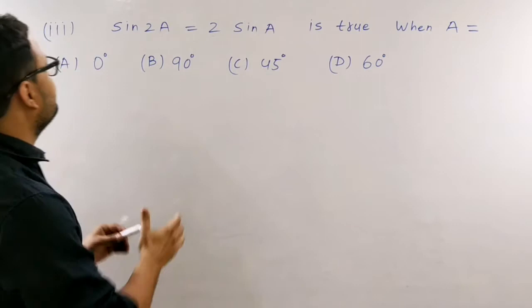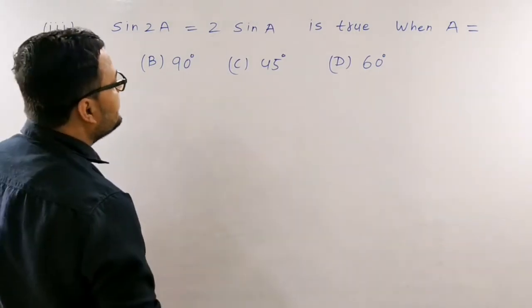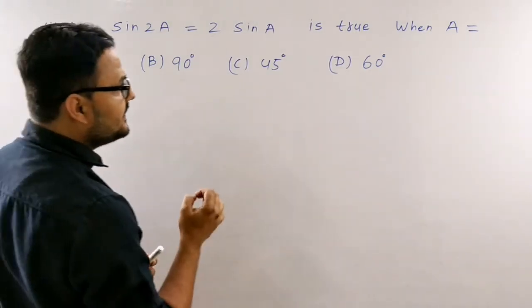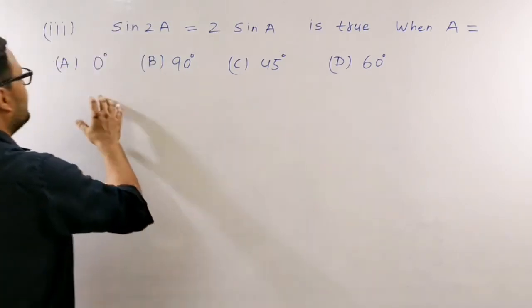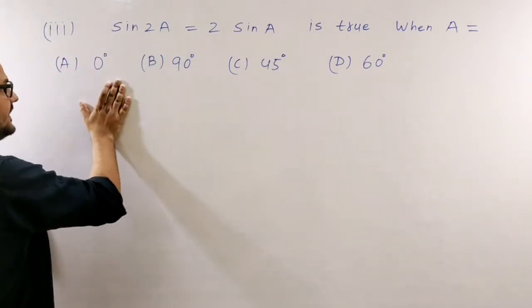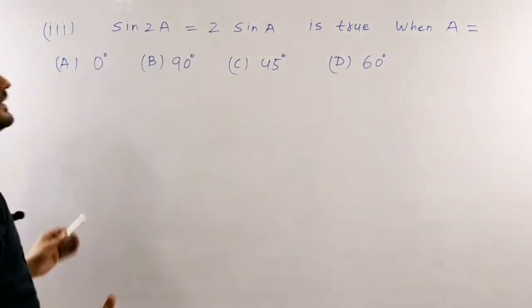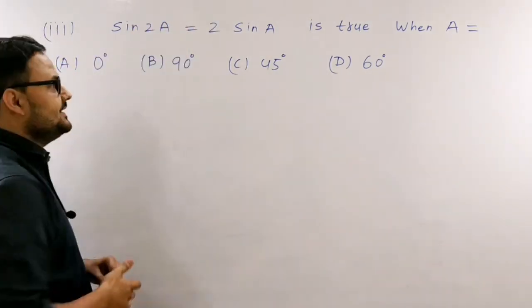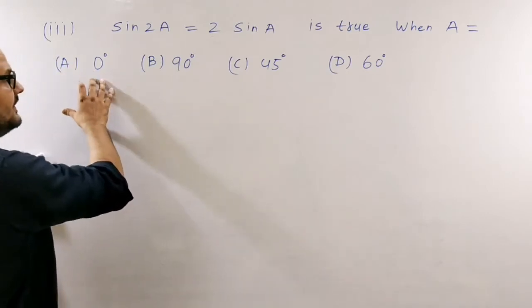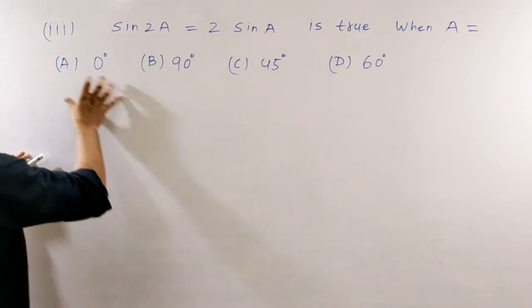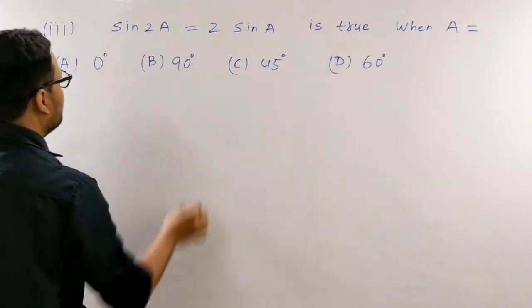Second main, third one. Sin 2A equal to 2 sin A is true when A equals, again 4 options we have: 0 degree, 90, 45, 60. When we get this type of question, we simply use the trial method, it means we try them one by one.